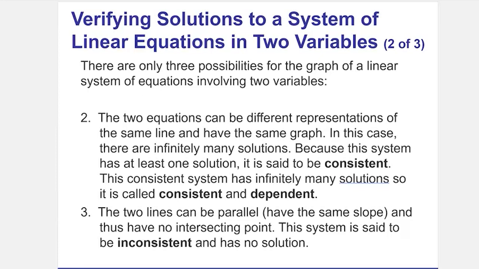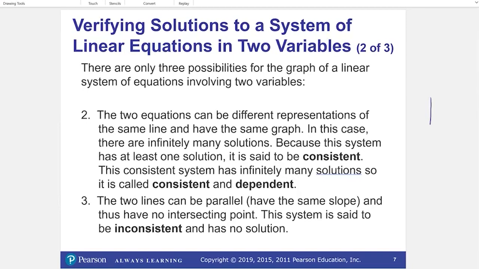The second one is the two equations can be different representations of the same line. So for example, if I were to draw this, let's say I were to draw a graph. So here's the equation of one line, right?